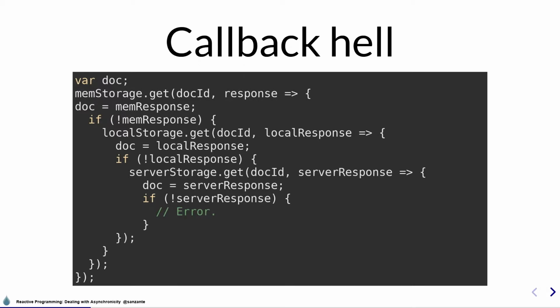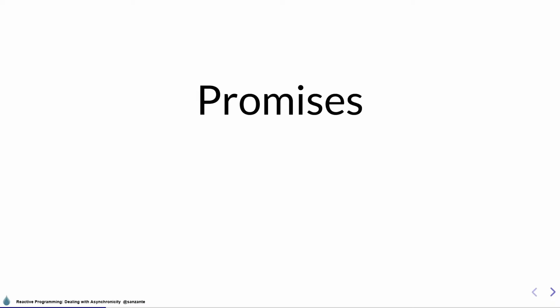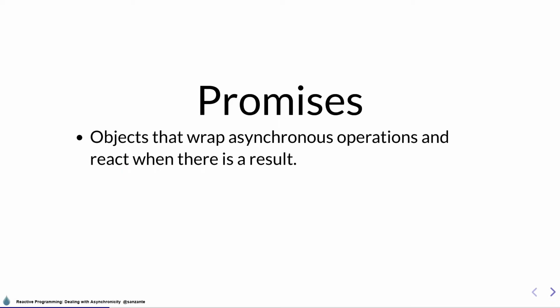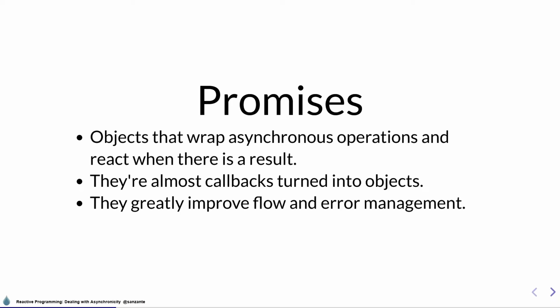So the next approach is to use promises. Promises, more or less, are objects that wrap asynchronous operations and react when there is a result. They are almost callbacks turned into objects. They greatly improve flow and error management.